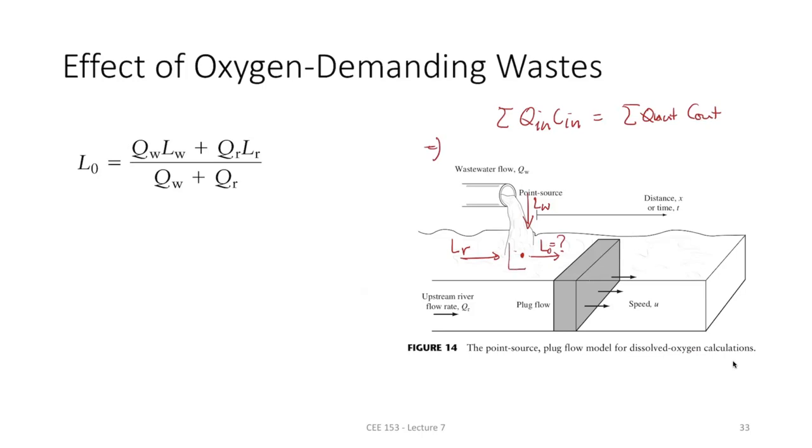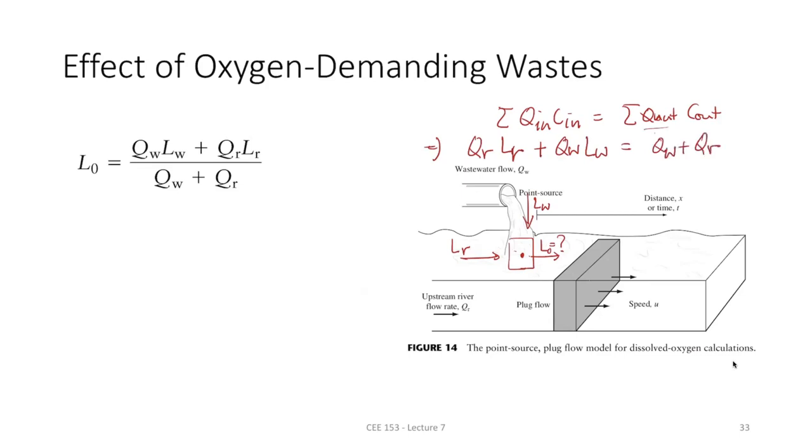So again, because it's steady state, you can write Q in, C in is Q out, C out. So if you see this is the control volume, one Q is river water, QR, LR, plus another is waste coming in. So that's QW, LW. It should be equal to the Q out. Q out here is the two flows mixed together, because water is conservative, an incompressible fluid. So you can add those up.